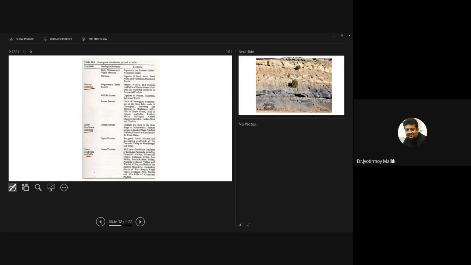Then you have Oligocene to Upper Eocene lignites like Jaipur, Nazira, Makum coalfields of Upper Assam, Namchik, Namphuk coalfields of Arunachal Pradesh. And then Middle Eocene lignites of Palana, Rajasthan, and lignites of Kutch, also fairly big.